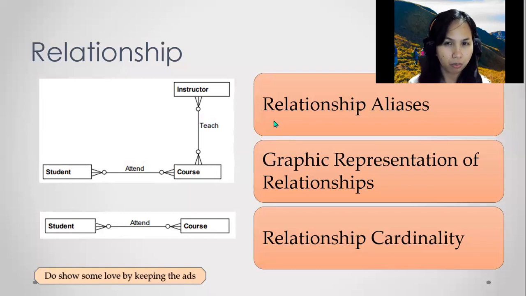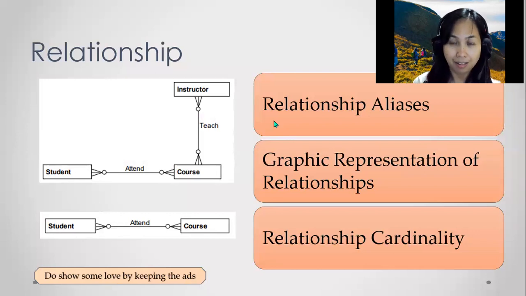Specifying zero or one allows us to capture whether or not an entity instance is required in a relationship. Let's repeat that: specifying zero or one allows us to capture whether or not an entity instance is required in that relationship.